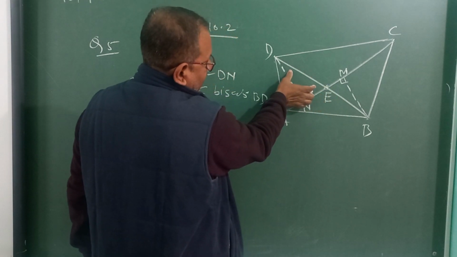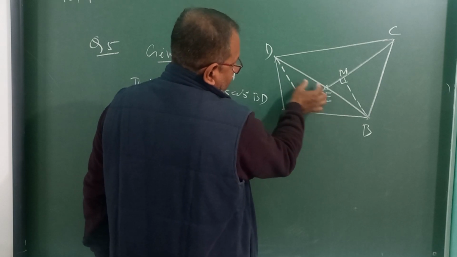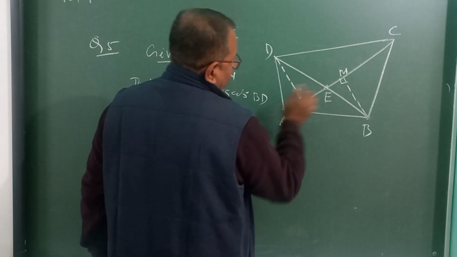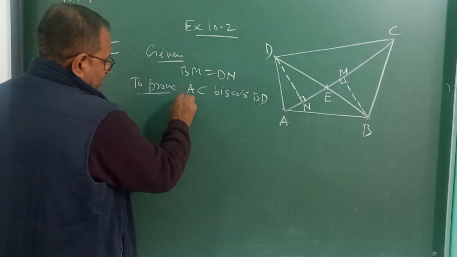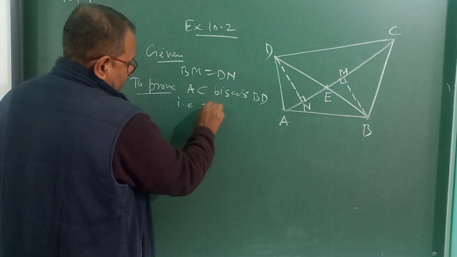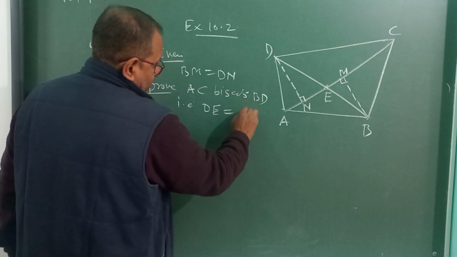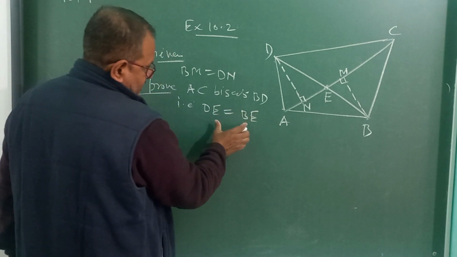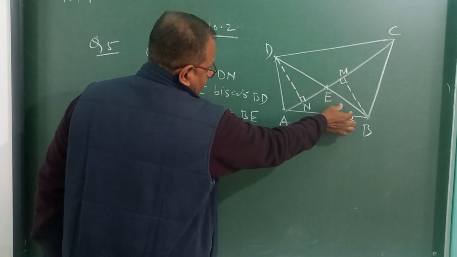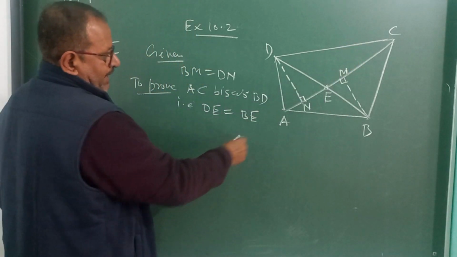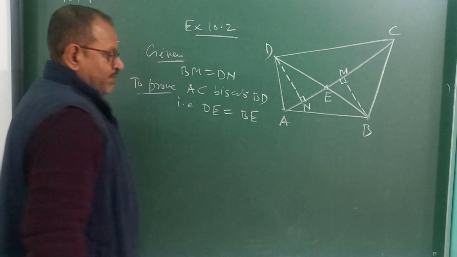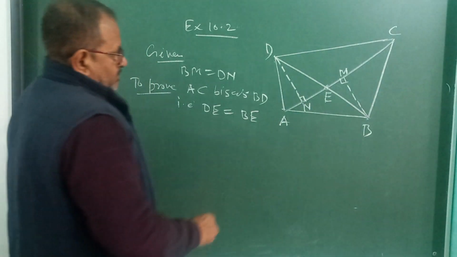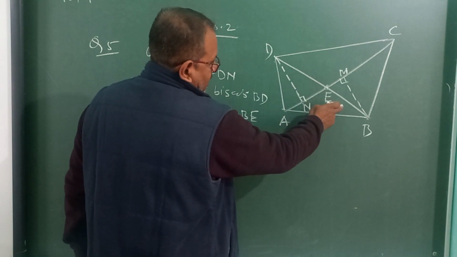We have to prove that DE and BE are equal. If we prove DE is equal to BE, we can say that diagonal AC bisects BD at the point E.